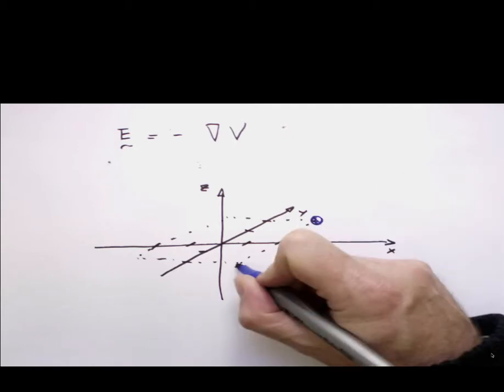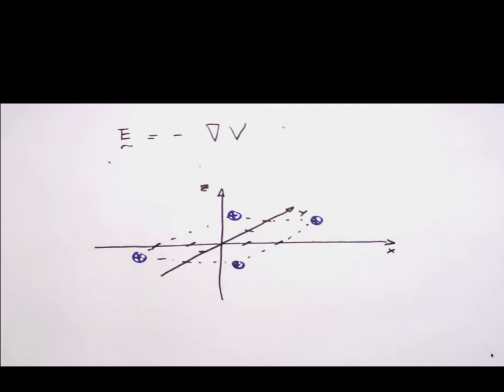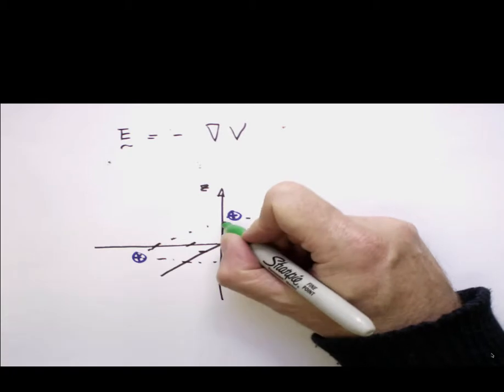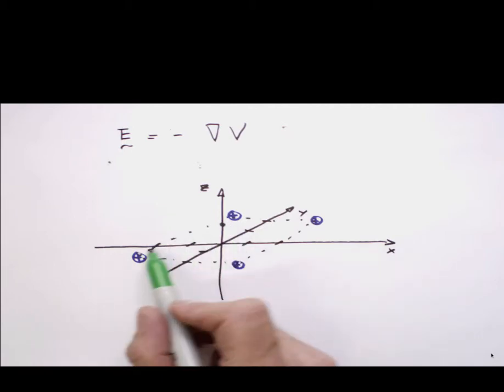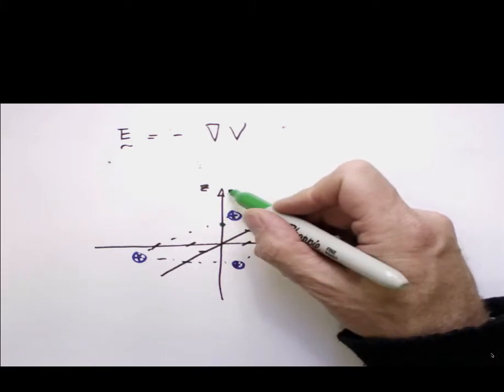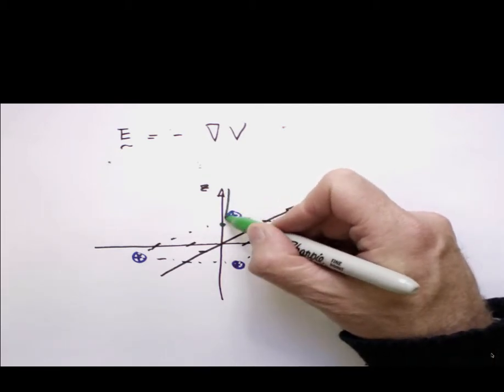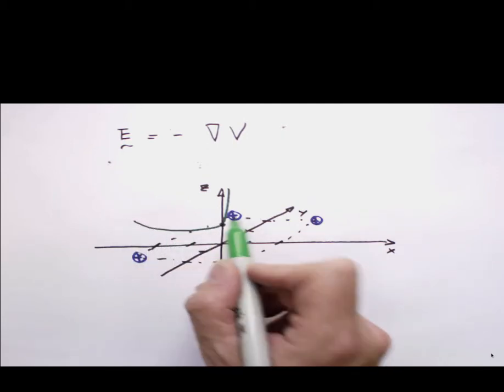There's 1st, 2nd, 3rd and 4th. Now we've worked out that due to those four charges we have a positive potential centrally on the z-axis, which might be this green point here. As we approach each of the corners, the potential will go up. So for example, it goes up like this, it goes up like that.